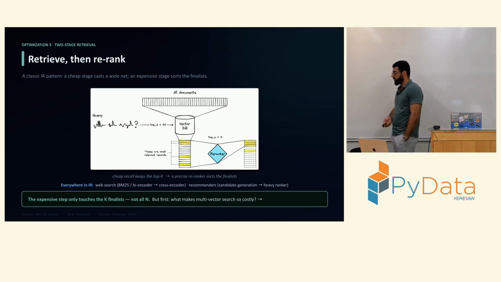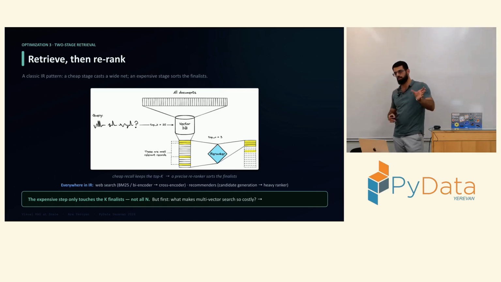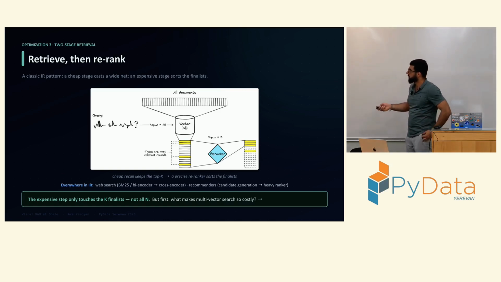What you do is use a light model or light strategy, simple features. It doesn't matter whether the model is simpler or the input is a less complicated set of features. You just try to narrow down the number of candidates from the very big asset, and then you use a more powerful model to re-rank them.